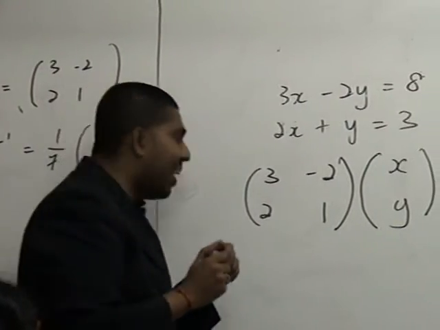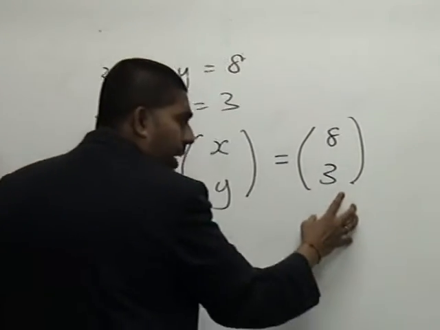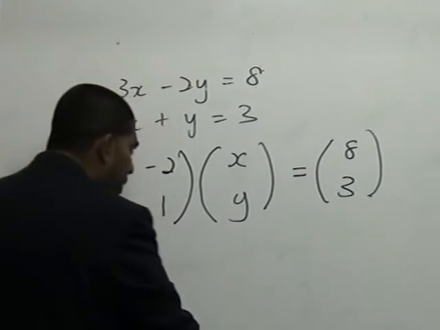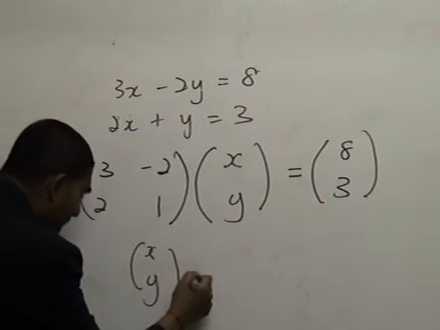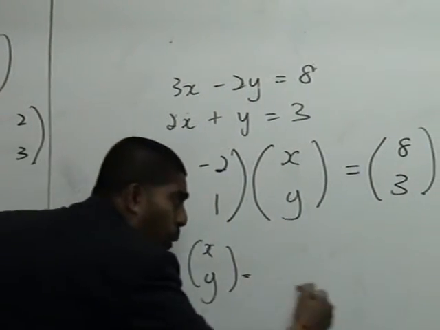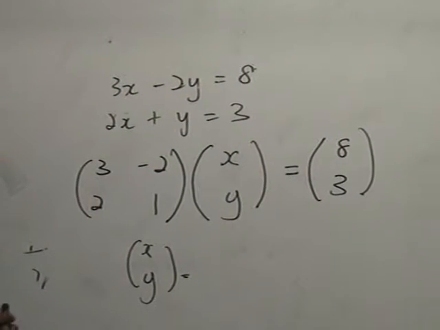I hope you understand. Okay, students? Now what do I do, students? Can you please take a look here? I want you to really pay attention here. When x, y, okay, and this matrix here, I bring it over to the other side, right hand side of the equation, equal sign.